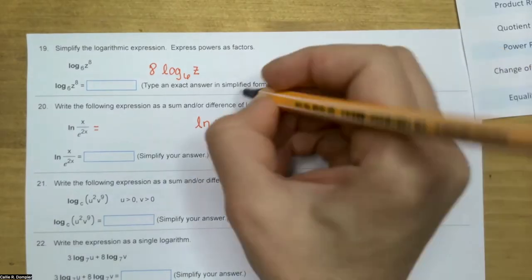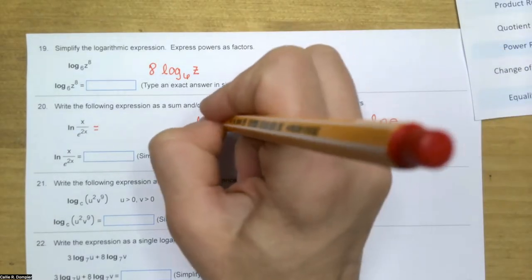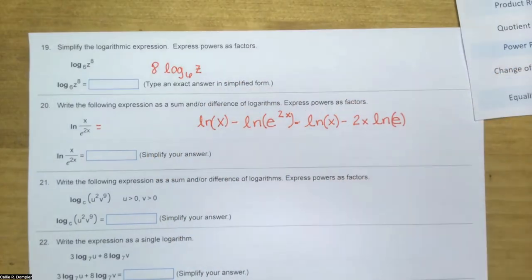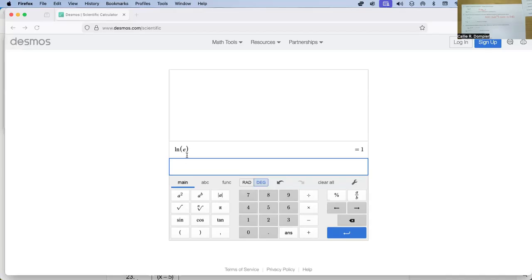However, I should probably be putting parentheses around. If we think about what the natural log of e is, and if we put that into Desmos, the natural log of e is just equal to 1.